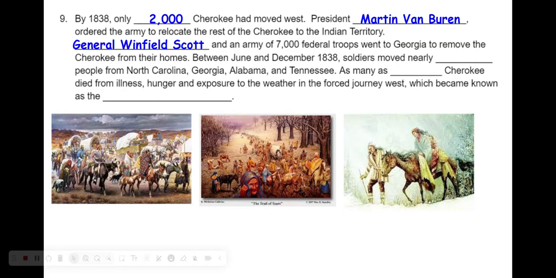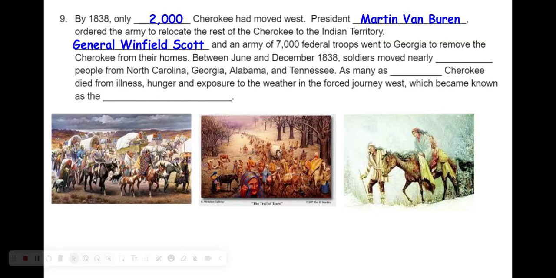General Winfield Scott, who we're going to eventually hear more about when we talk about the war with Mexico and eventually the start of the U.S. Civil War, brought an army of about 7,000 federal troops into Georgia to remove the Cherokee from their homes.